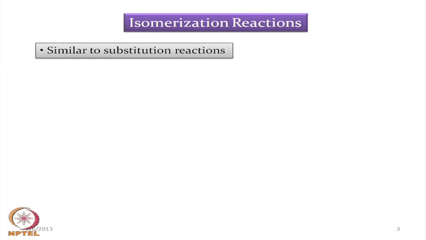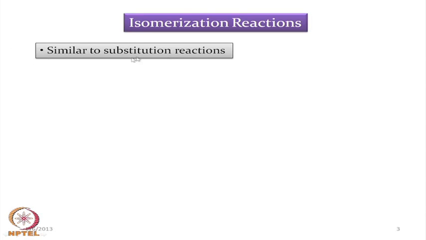Next we will see how typical isomerization reactions can take place. That means formation of one isomeric form from the other isomeric form. This isomerization reaction can be similar to the substitution reactions.